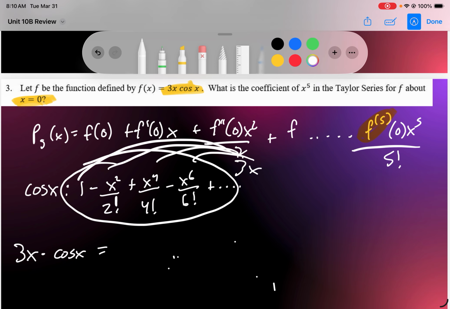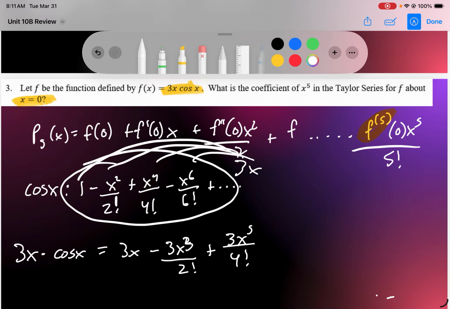So 3x times x would be 3x squared. Erase all this extra stuff. It's bugging me. And then 3x times negative x squared would be negative 3x cubed over 2 factorial, which is just 2, plus 3x to the 5th over 4 factorial.